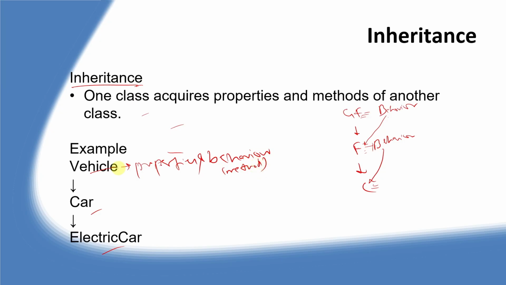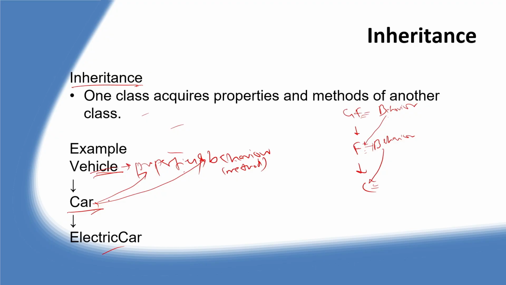So each class has these two things, property and behavior. Car is inheriting from vehicle class. That means the car class will have the properties and behavior of vehicle class. Whatever property and behavior vehicle is having will be inherited by the car class.